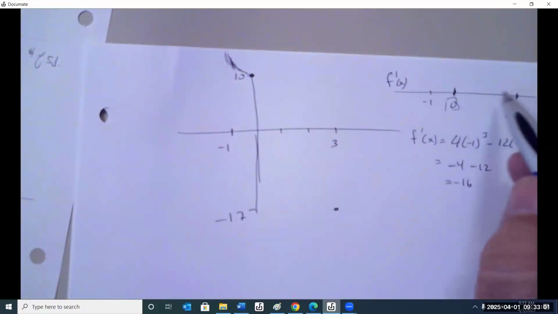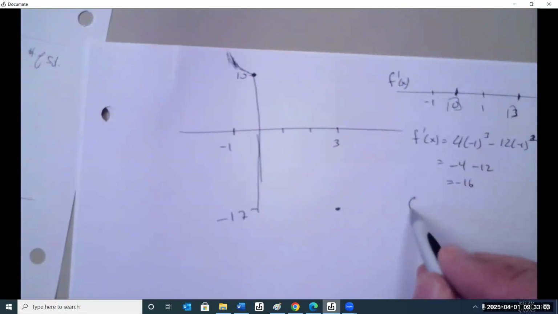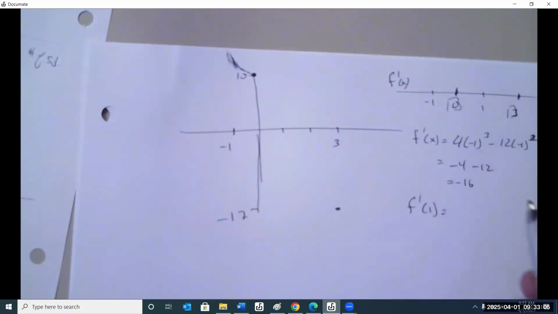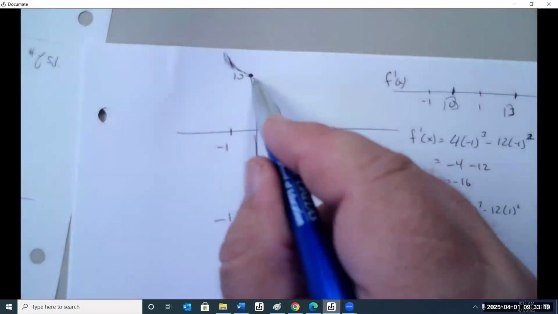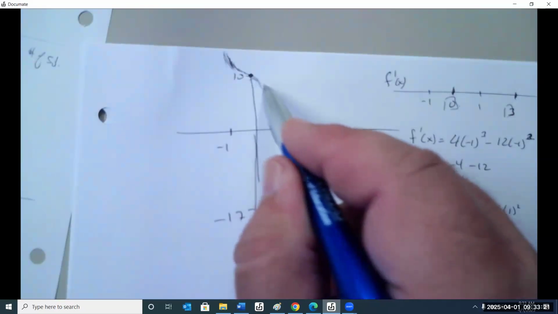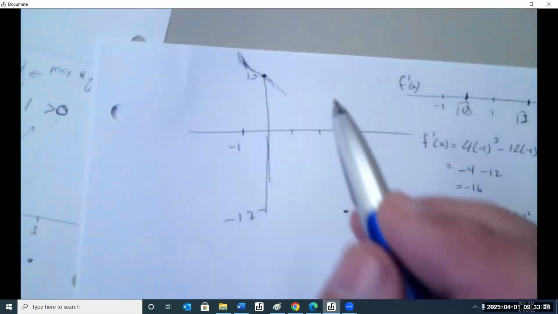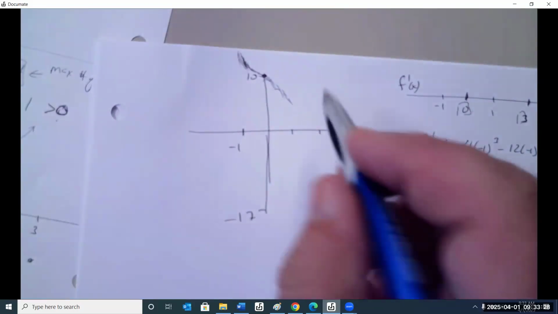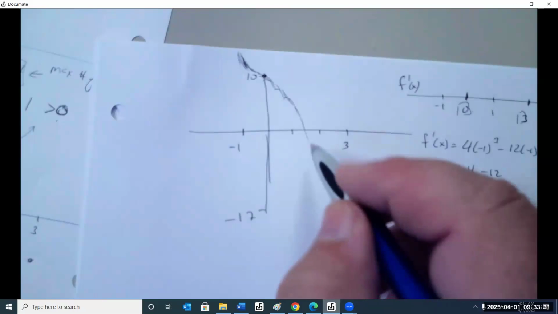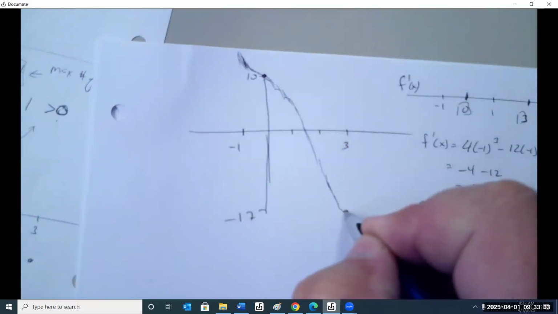What happens between 0 and 3? Let's pick 1. So we have 4 times 1 minus 12 times 1. 4 minus 12 is -8. So it still keeps on going down. So it has to be going down to this point.